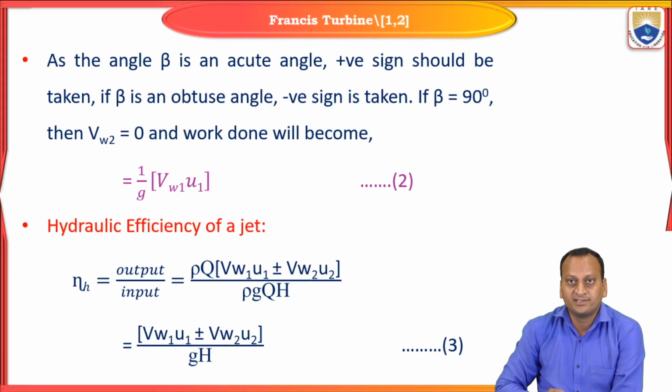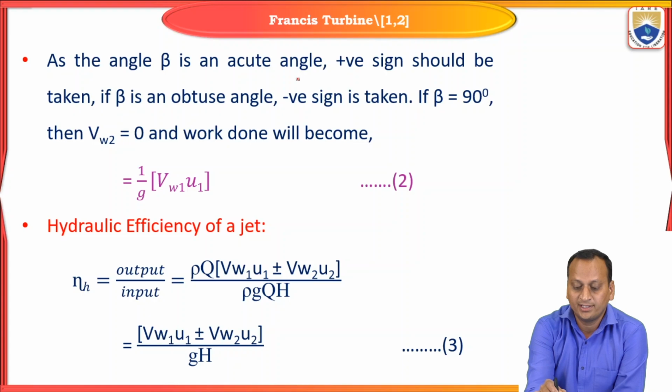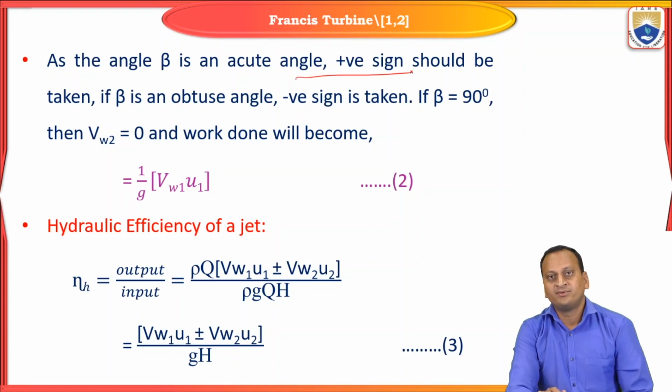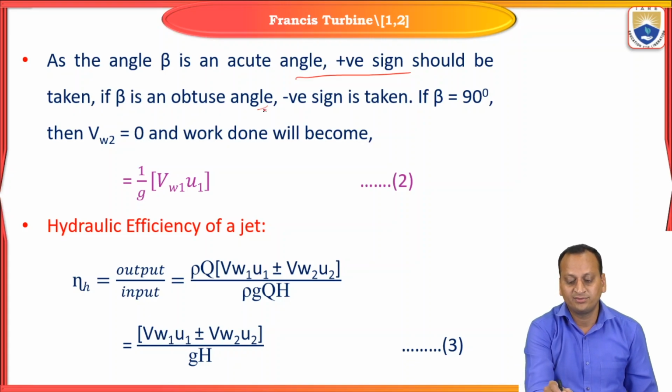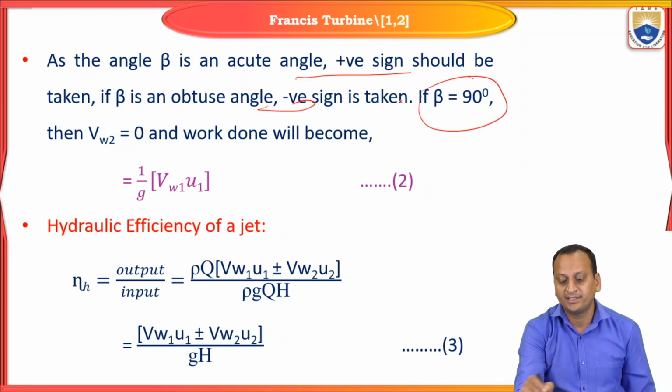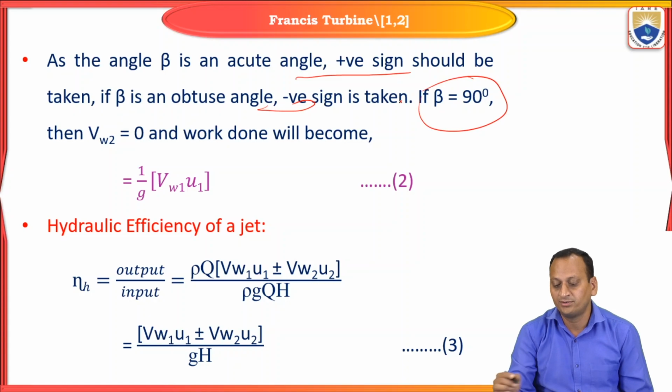As the angle beta is an acute angle, there will be a positive sign. Otherwise, if beta is greater than 90, an obtuse angle, then a negative sign will be taken. If beta equals 90 degrees, then Vw2 becomes 0.